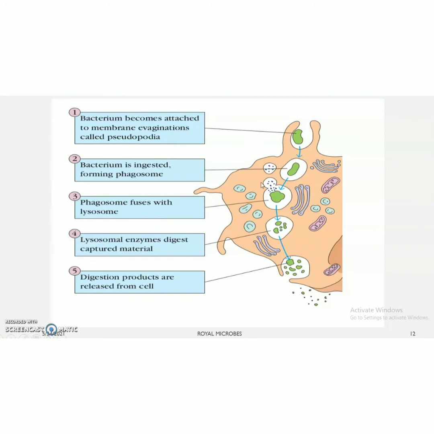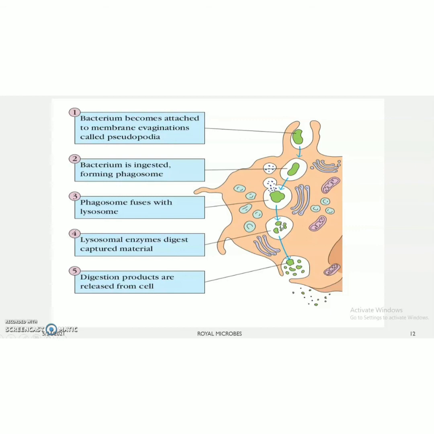The first step, this is the phagocyte. This pink colored cell is the phagocyte, and here bacteria come and attach to the membrane, and the membrane invaginates to form a pseudopodium. The organism or foreign body is engulfed and reaches inside the phagocyte, and this is the phagosome. Here we can see the lysosome, and the lysosome and phagosome fuse to form the phagolysosome, or secondary lysosome.